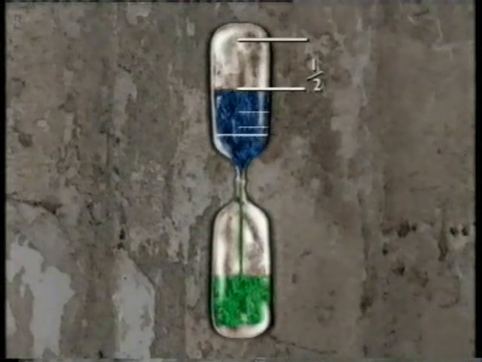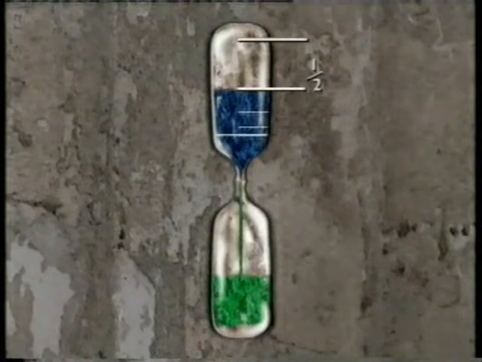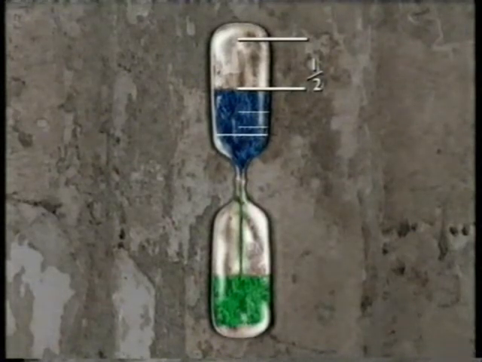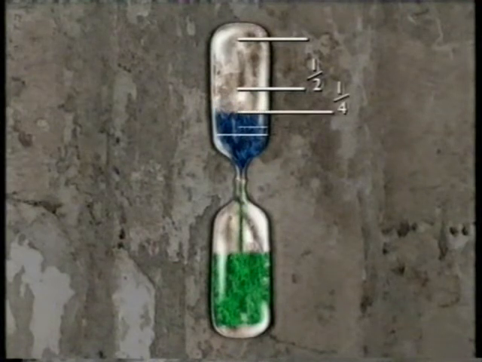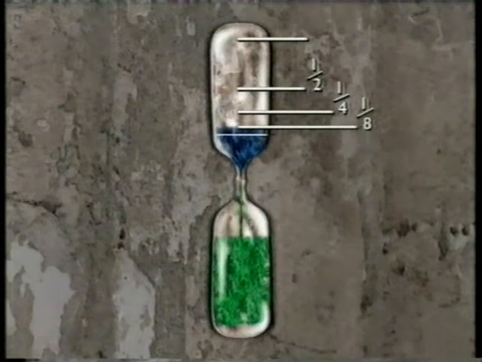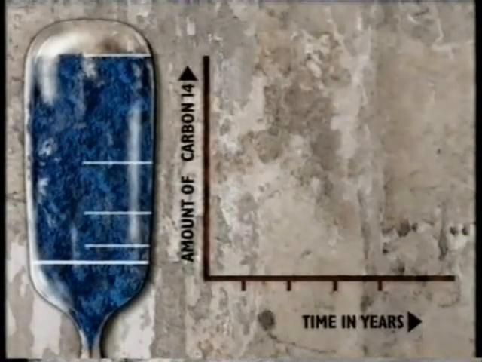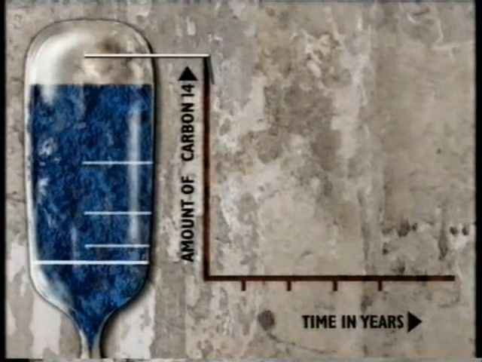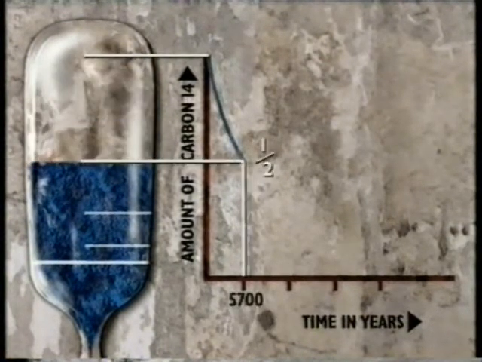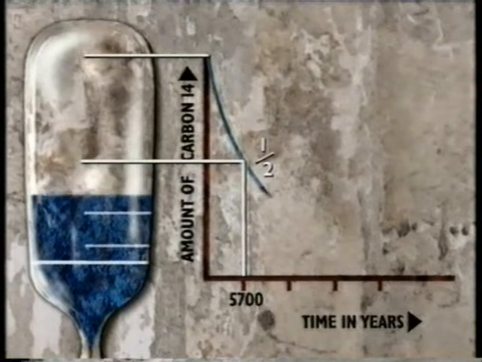This is called the half-life of carbon-14. It would take another 5,700 years for it to decay by half again, and again, and again. If we plot the half-life as a graph, with the amount of carbon-14 on the vertical axis and time on the horizontal axis, it will look like this.